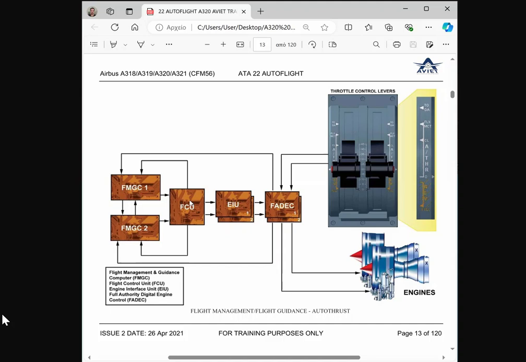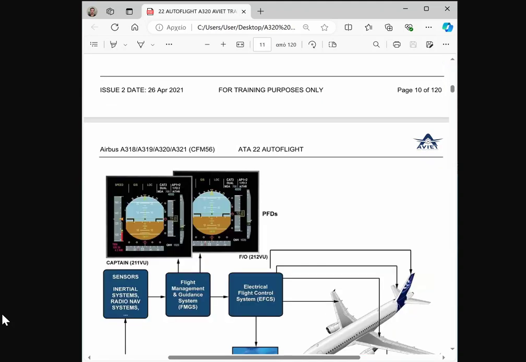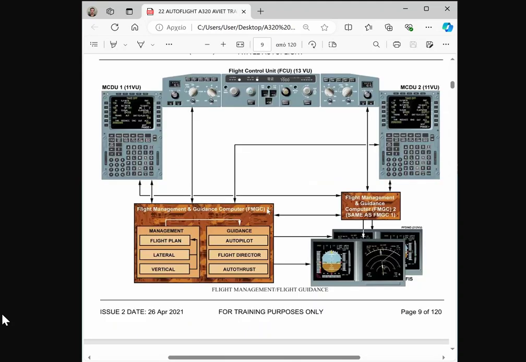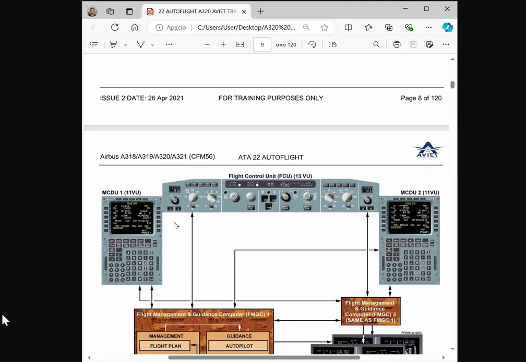Why? For one main reason, guys. What do we have at the flight control unit? Check this out. We have this push button. The FMGC will send the message to the auto thrust to see if the auto thrust is on. If it is on, okay, I can now automatically follow the increase of the speed through the auto thrust.